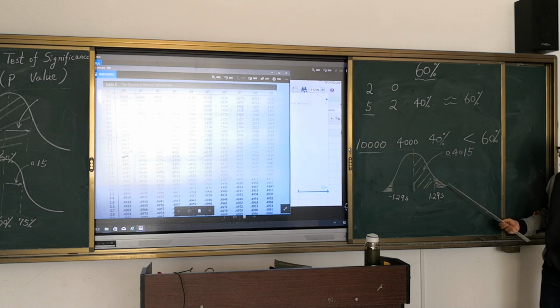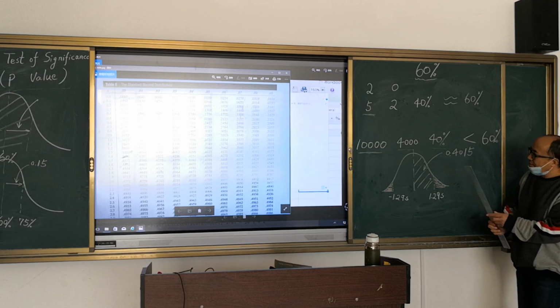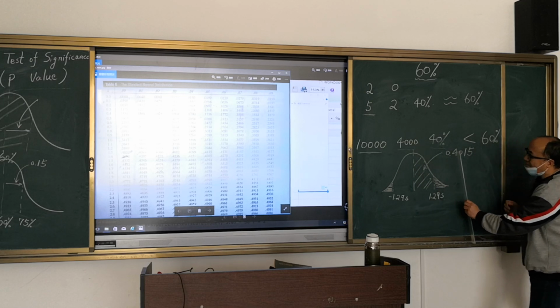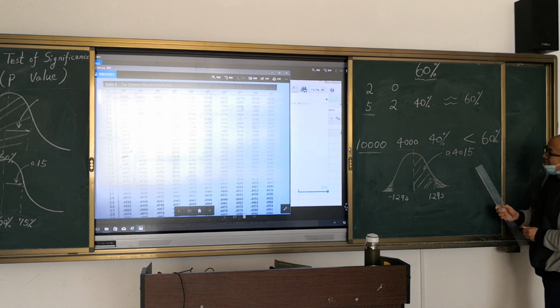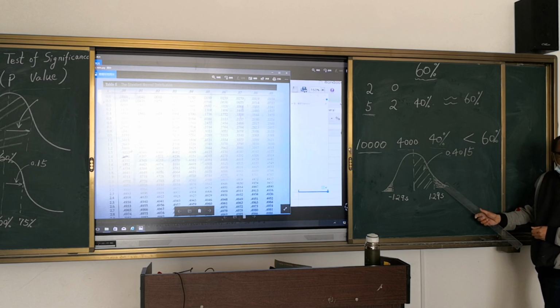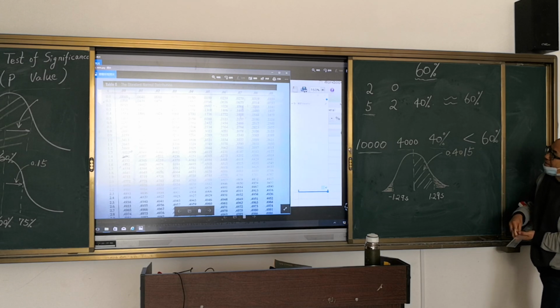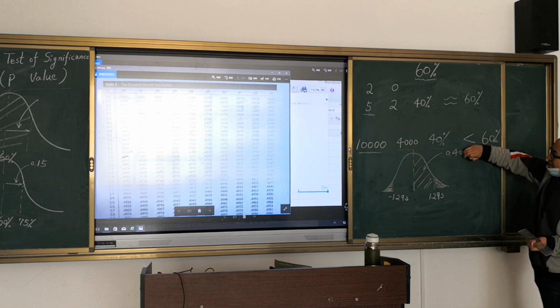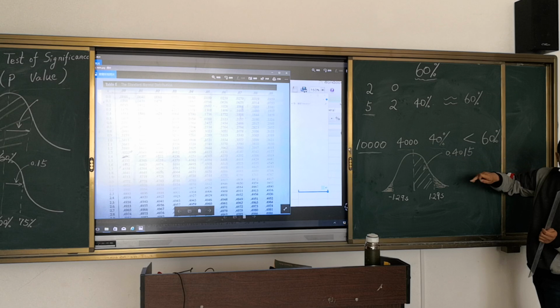So from here is 0.5. 0.5 minus this is the red area. We can almost say it's 0.4.